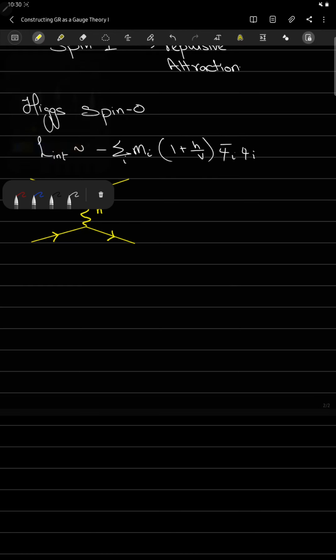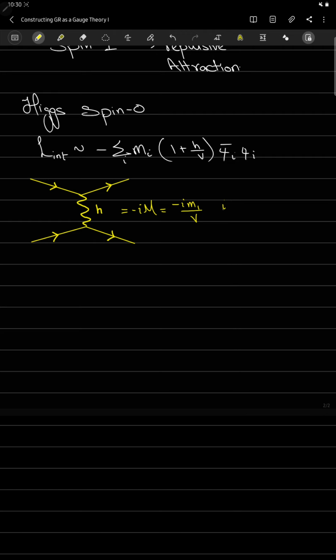I can write down the amplitude for such a process as negative iM equal to negative i m1 over v times i over q squared minus m squared, times the other part, that is minus i m2 over v. Here q is the momentum carried by this h particle, and m is simply its mass.